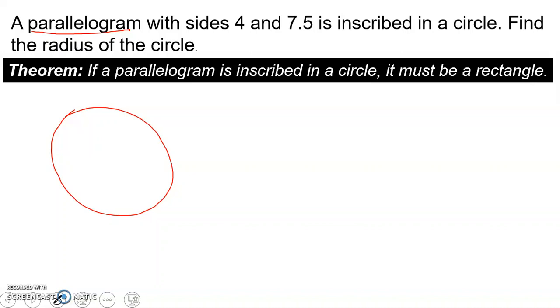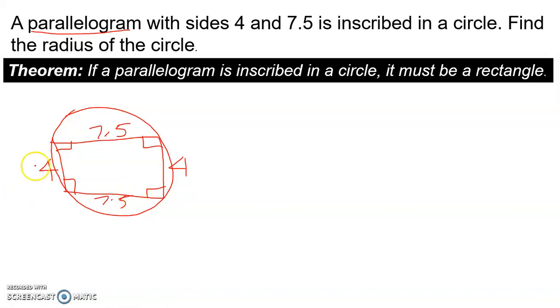So if we draw a rectangle, since it is inscribed, all the corners should be touching the circle. Okay, it's a rectangle, the opposite sides are congruent. So if this is 4, this would also be 4, and 7.5 should be the longer one, 7.5.